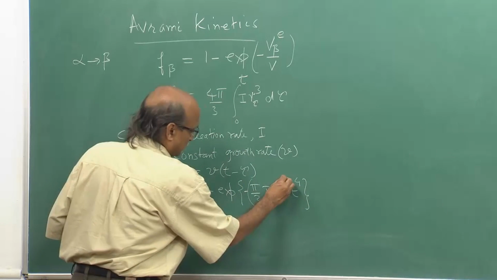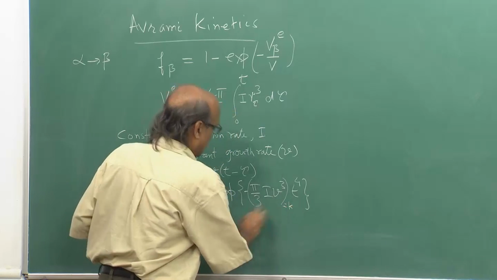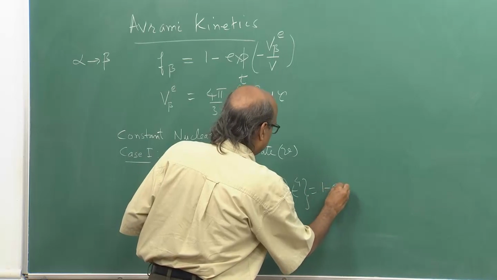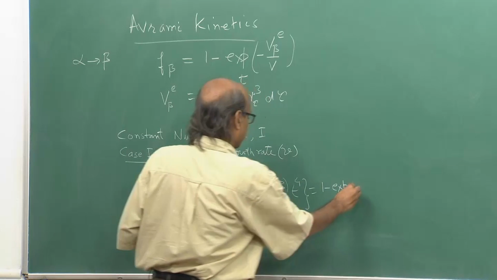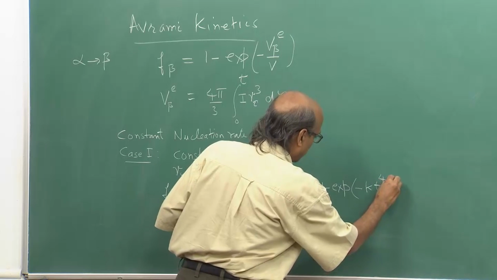We can lump all of these quantities which are a constant in one parameter k, and hence the relationship turns out to be exponential minus k t to power 4.